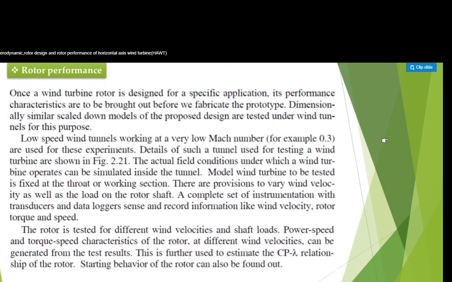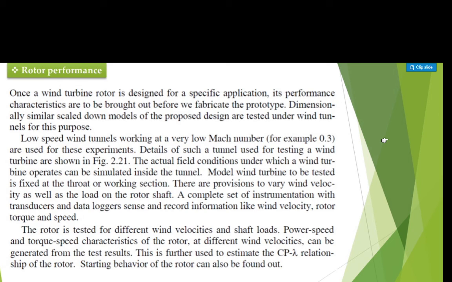Now come to the analysis of the rotor performance. Once a wind turbine rotor is designed for a specific application, its performance characteristics are to be brought out before we fabricate the prototype.